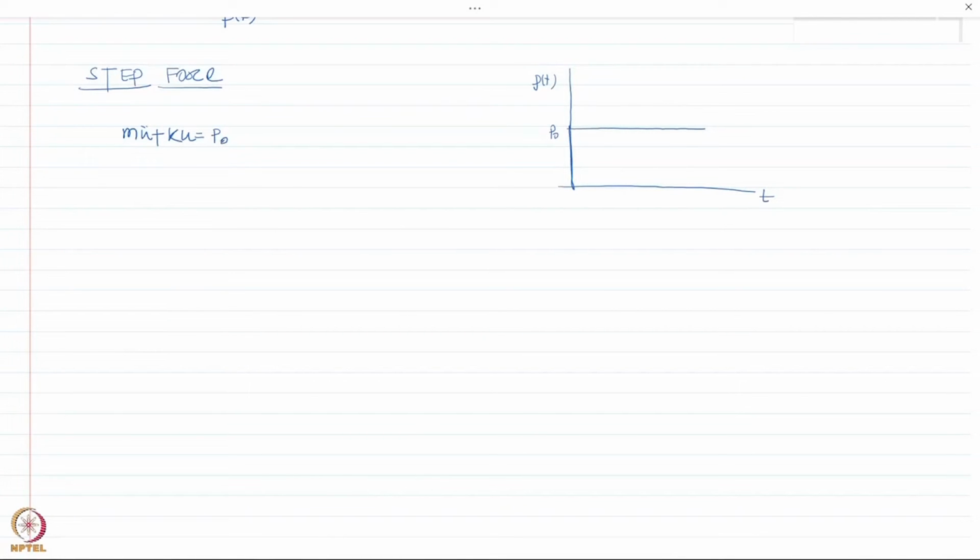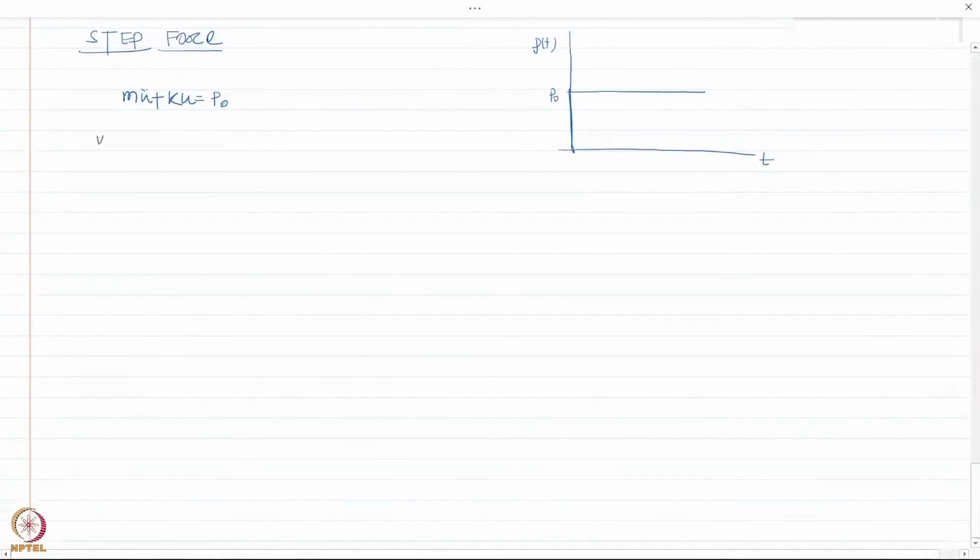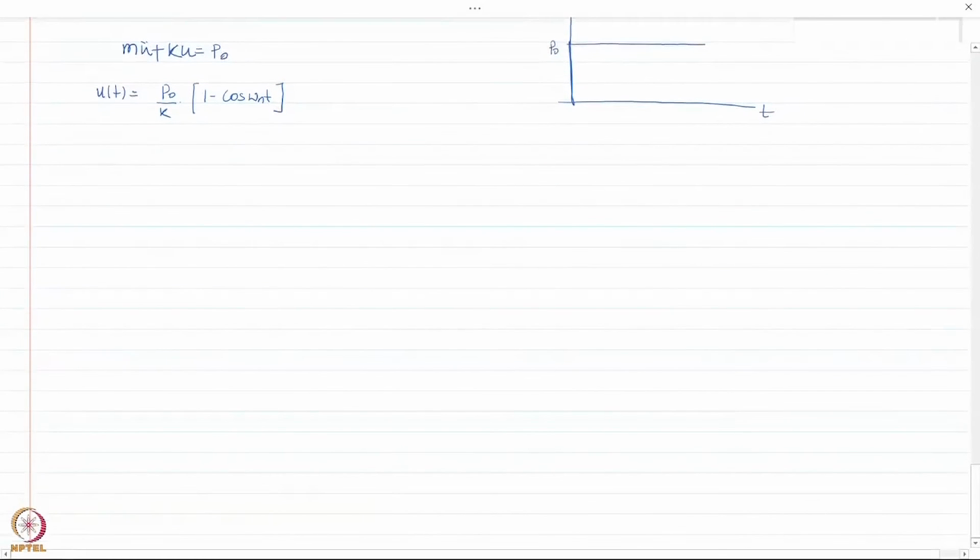We had seen that for an undamped system, u of t came out to be p naught by k times 1 minus cos omega n t. This we had obtained by solving the differential equation. The same solution can also be obtained, just to demonstrate the application of the Duhamel integral, so let us find this same solution using the Duhamel integral.